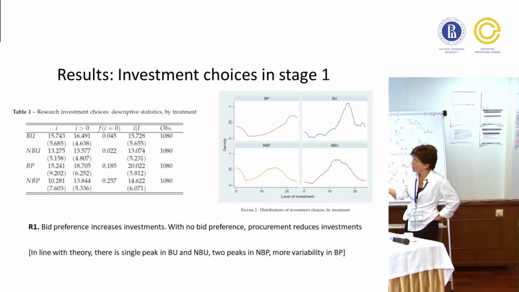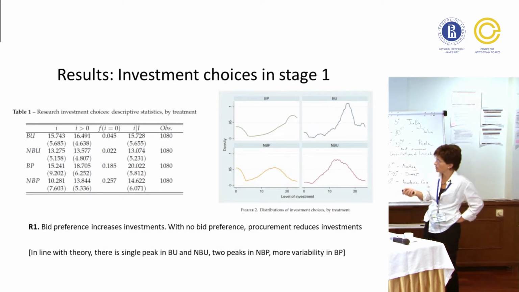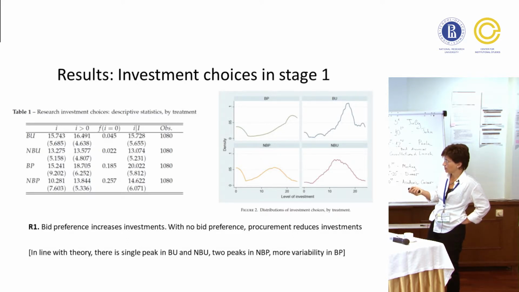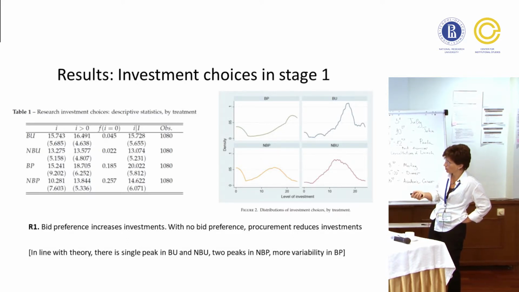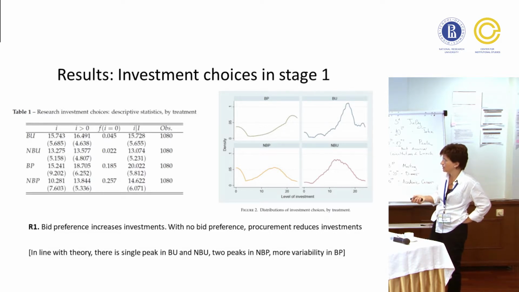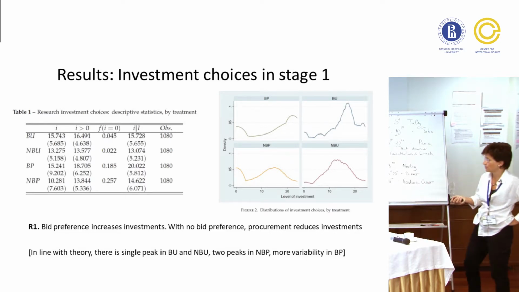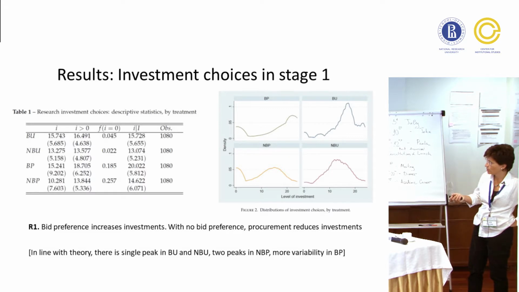Now, if you just look at the investment choices as a descriptive statistic, and you just refer to the treatment, what you can see is that bid preferences increase investment. So here you have bid preference in the unsolicited proposal and bid preference in procurement.